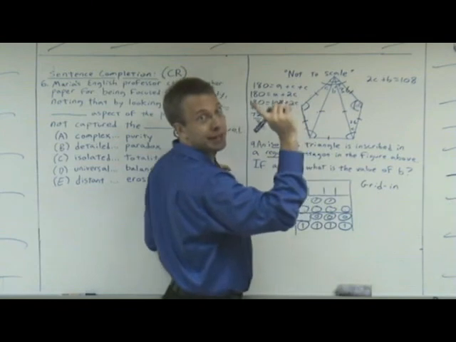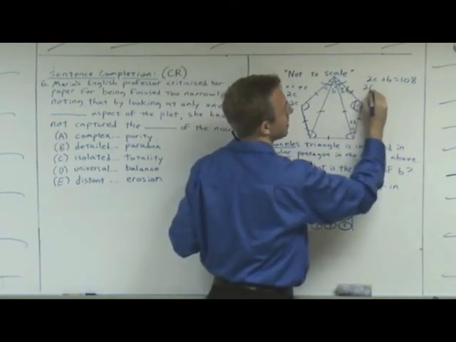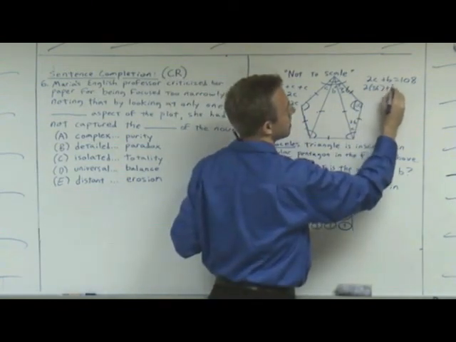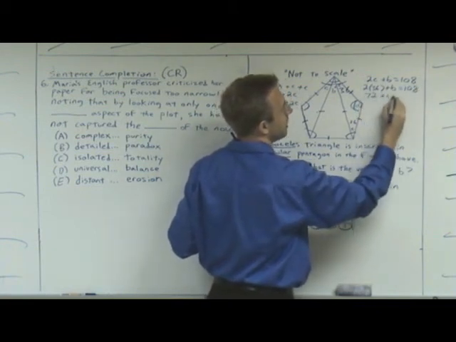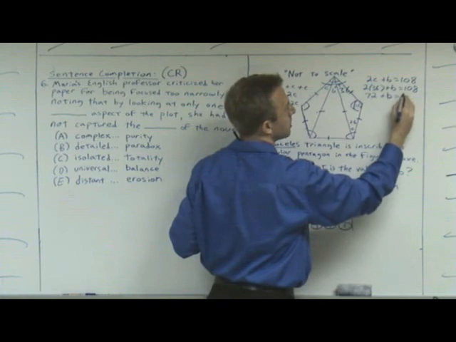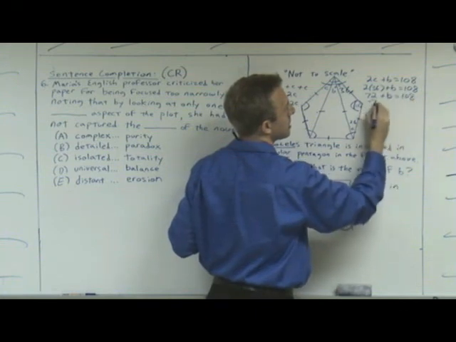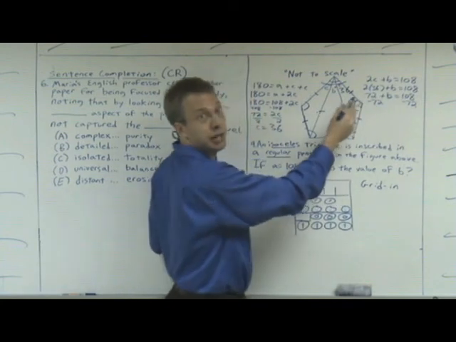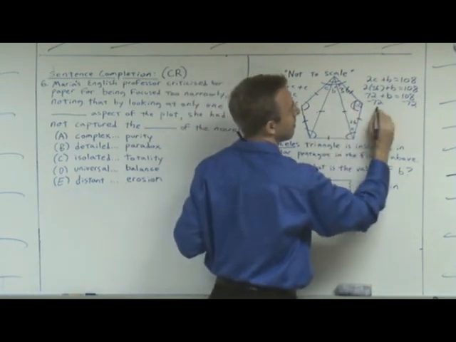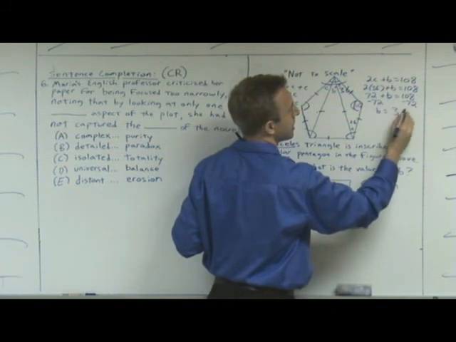So now all we need to do is plug in again. 2 times 36 plus B equals 108. 72 plus B equals 108. Subtract 72 from both sides. Here, of course, I multiplied 2 times 36. And we have B equals 36.